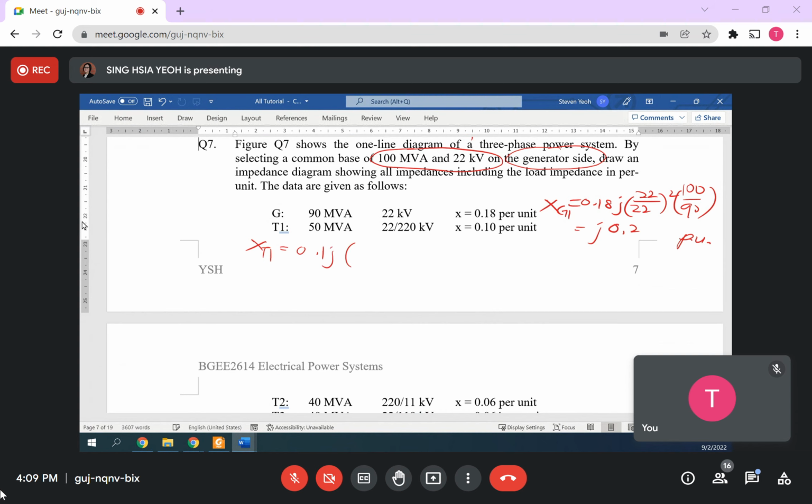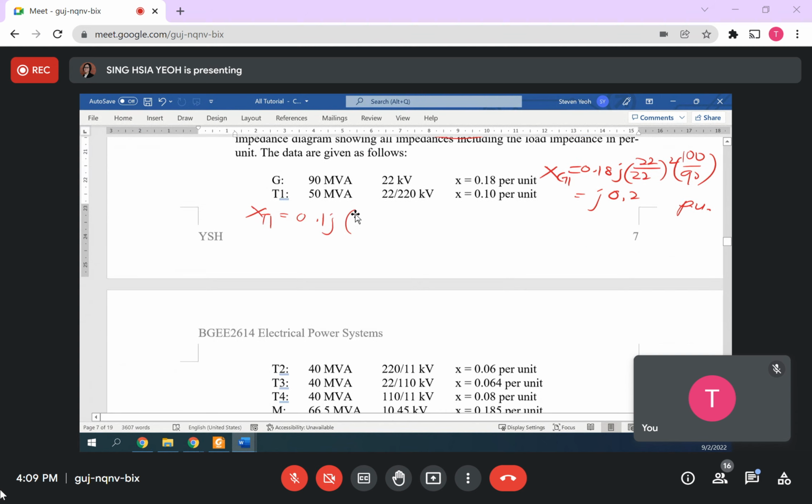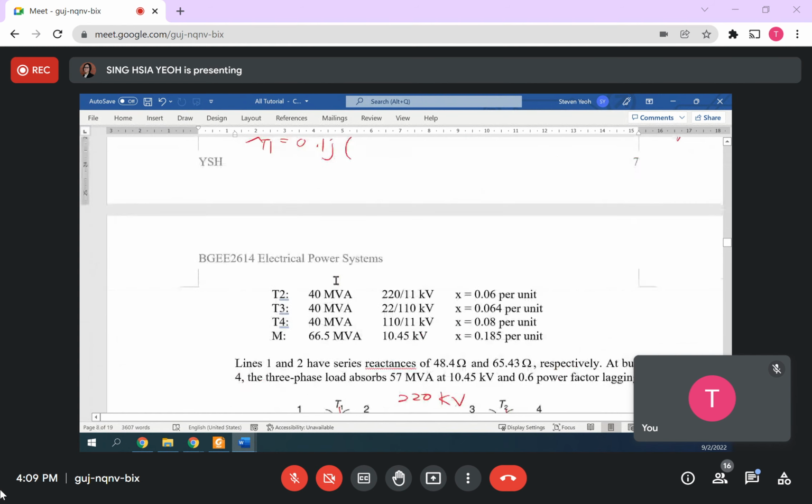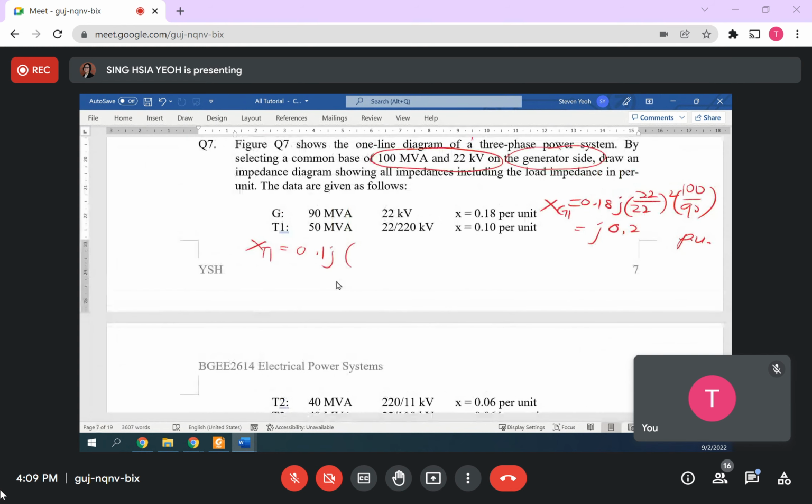Okay, so you look at T1. Where is T1? T1 is here. If I put primary side and secondary side, it's really the same. That's why I say this question is easy. S new will be 100, S old will be 50 MVA. So you get 0.2 j pu as well.